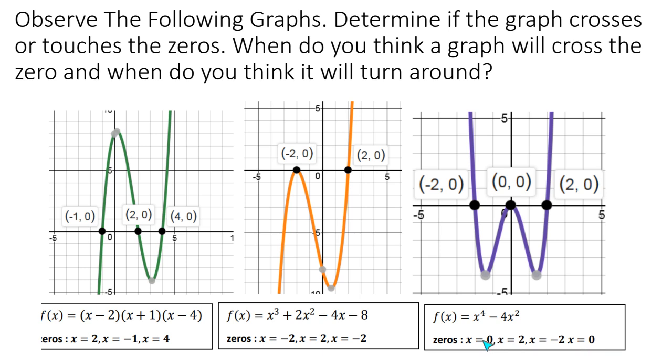The multiplicity is 2 because it appears twice. Since it appears an even number of times, the graph is going to touch and then turn. For x equals 2 and x equals -2, the multiplicity is 1 because they appear only one time, so the graph is going to cross through there.